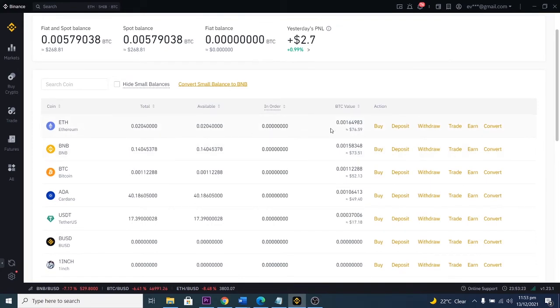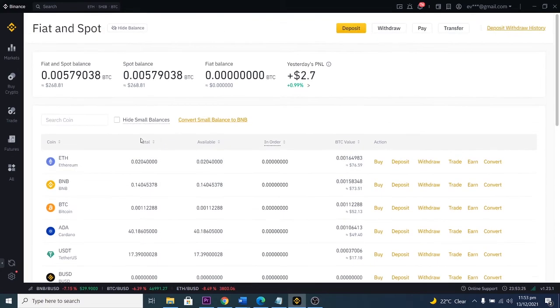ETH, I have $76 on this, 73 for BNB, 52 for BTC, 49 for Cardano, and this is $17 for the USDT that I just transferred.